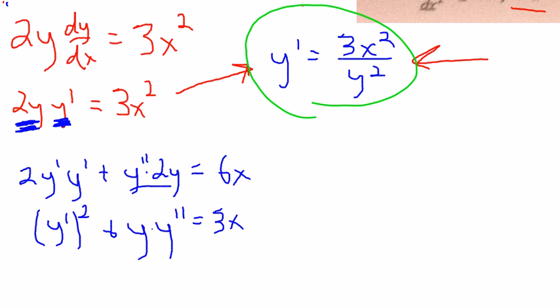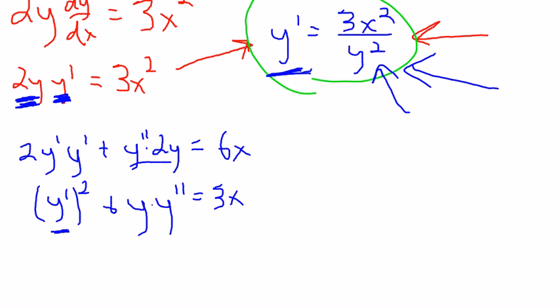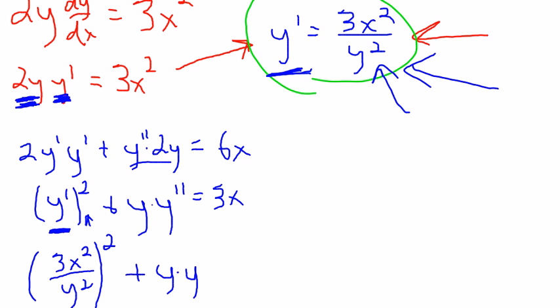Now is when I use this green thing here. Notice I've got a y prime and I've got a y prime, so I can substitute this right-hand side in for y prime. So I get 3x squared over 2y, squared, that's that whole first term, the y prime squared, plus y times y double prime, I'm just going to leave that for now, equals 3x.